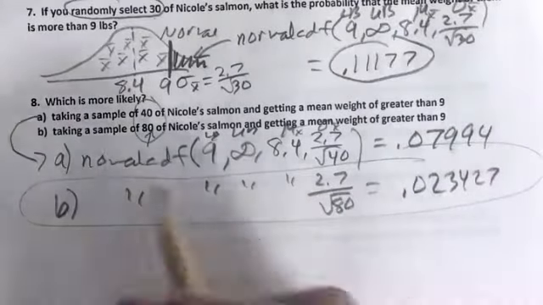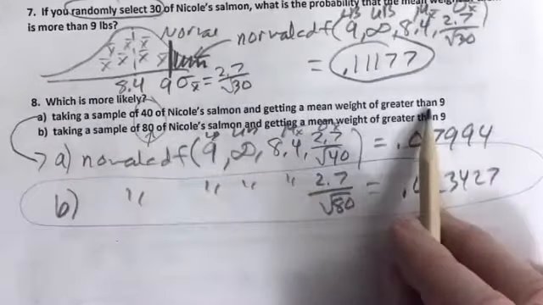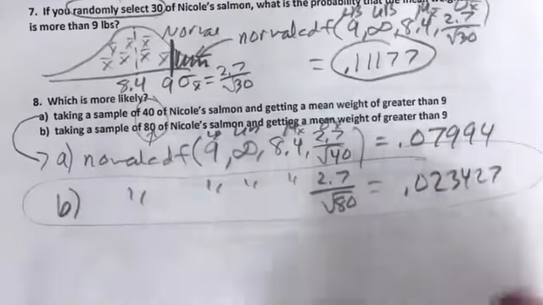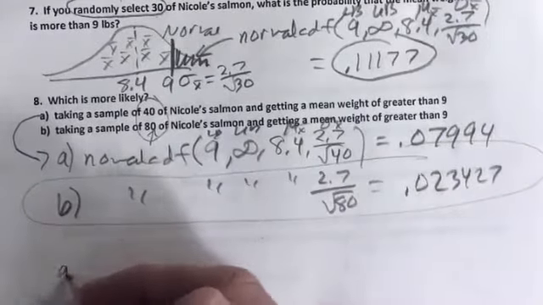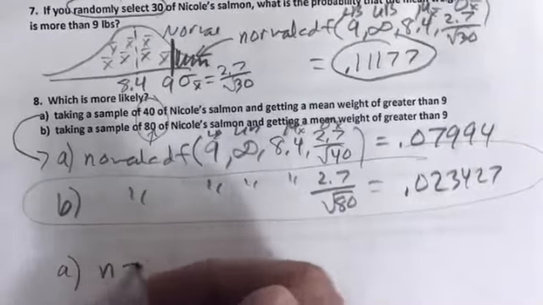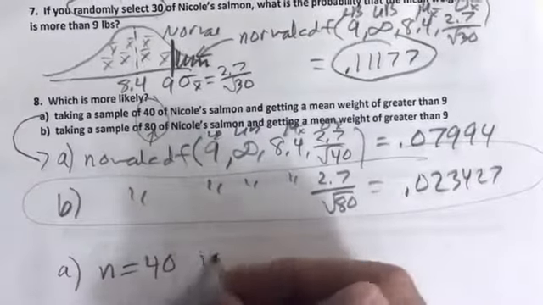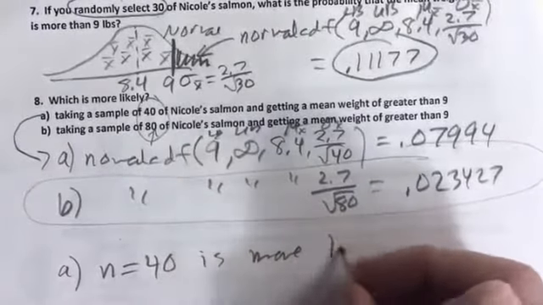And so how do you explain that? Which is more likely, taking a sample of 40 and getting a mean greater than 9, or taking a sample of 80? The answer would be A, the sample of 40 is more likely.